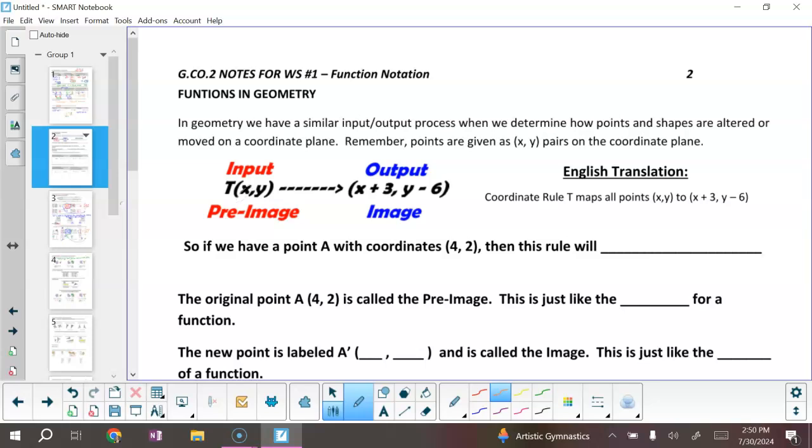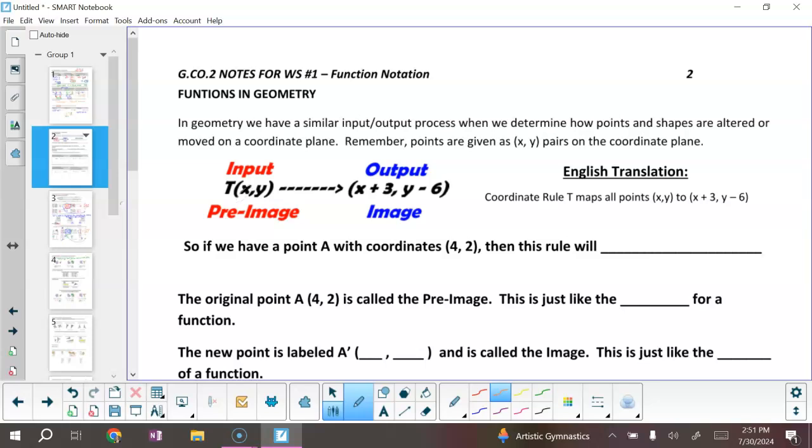So, for example, when you have a coordinate from your pre-image, you know where it's plotted, so you should just be able to pull those points off of the graph. That's why they have x, y written there. When you have an output, something had to happen to that pre-image point in order to move it somewhere else on the graph or to change its location.